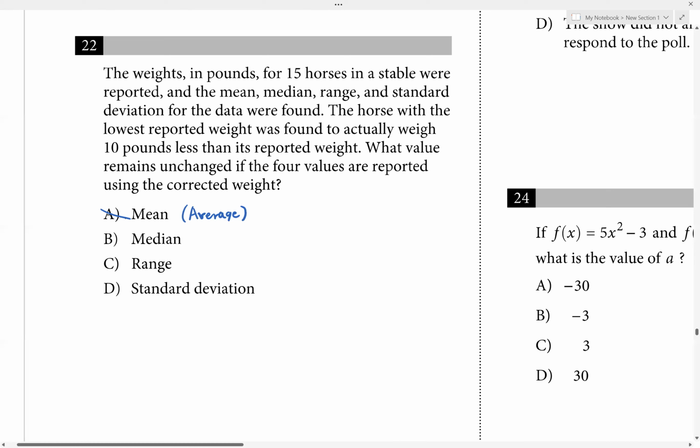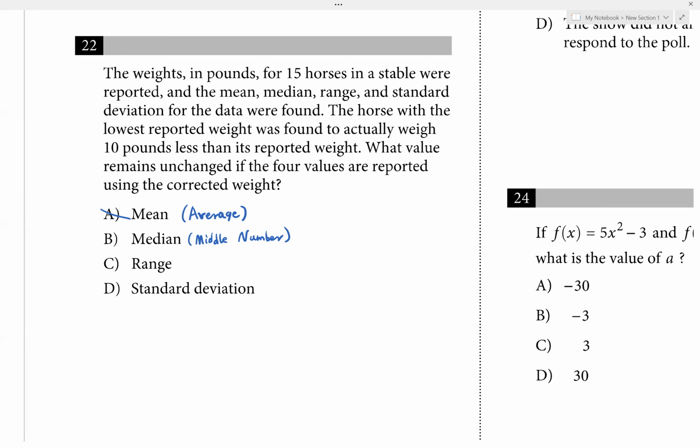So the median is what? Well, median is always the number in the middle. So it's a middle number, and we have to put them in order from least to greatest. By subtracting 10 from the smallest number, will that change our median?